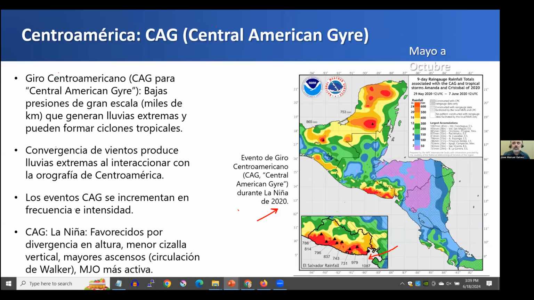Speaking of impacts, before I forget, I'm going to address this really quickly. There was a question about the Kelvin, the Madden-Julian, and the Rossby waves, and how they react to El Nino and La Nina. Just to be brief, whenever we have a strong El Nino, the Madden-Julian tends to struggle propagating.